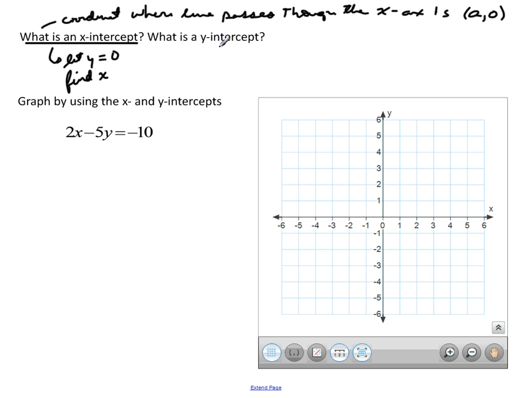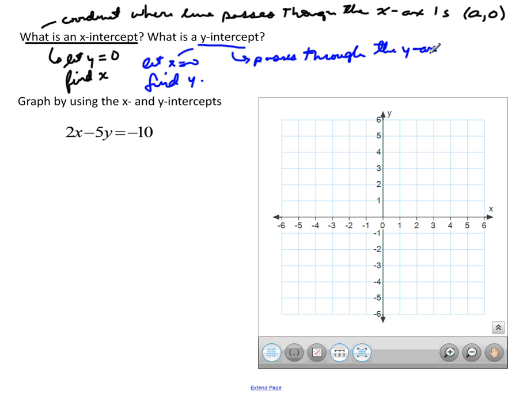What's a y-intercept? Well, very similar, right? A y-intercept, we find by letting x equal 0 and then finding y. All right, so what do we do with that? Again, same definition except where this line passes through the y-axis.